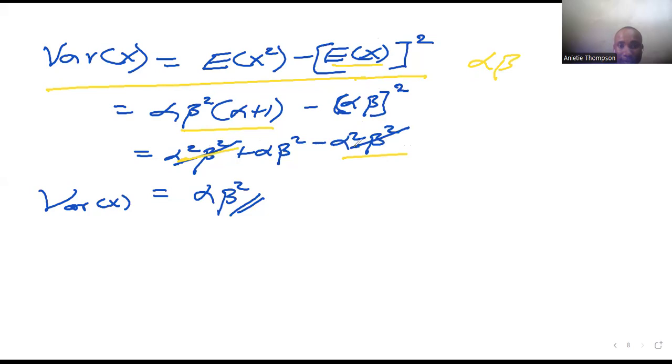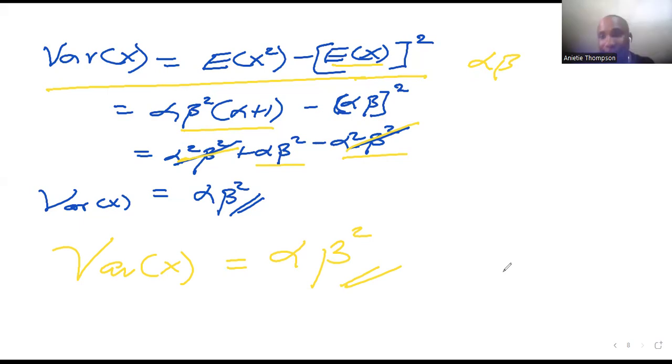This and this are alike, so they go to 0. We are left with this. So therefore, we can see that the variance of a gamma distribution of the first kind is equal to this. So we've been able to meet all our expectations and our objectives.